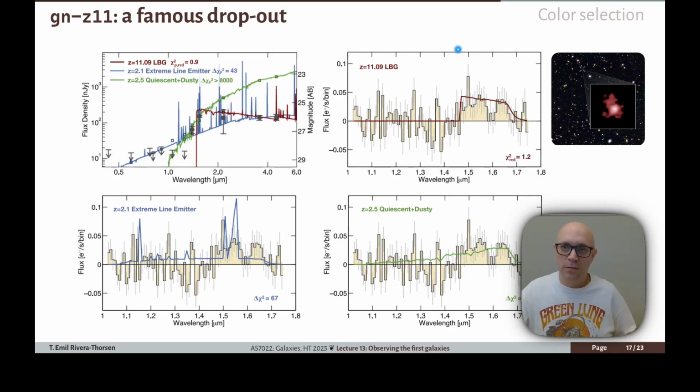And this is what they could do. This is the best they could do in the era before JWST. You can see you have something here, and then you have something here, and then you can basically fit different synthetic spectra to what you see here and see which one fits best. And they concluded that this fits best. I kind of sort of agree, but it is not super obvious, right?